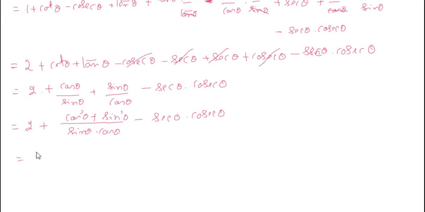So this is equal to 2 plus 1 by sin theta cos theta, since cos square theta plus sin square theta is 1, minus secant theta can be written as 1 by cos theta, cosecant theta as 1 by sin theta. So this is also 1 by cos theta into sin theta. These two terms get cancelled and answer is 2.